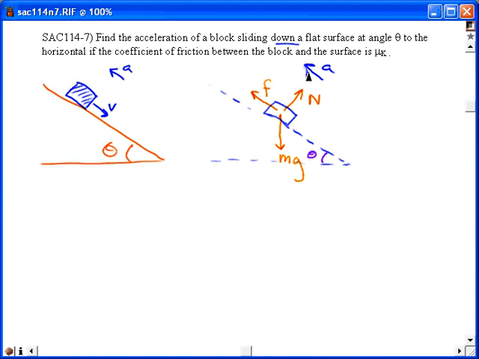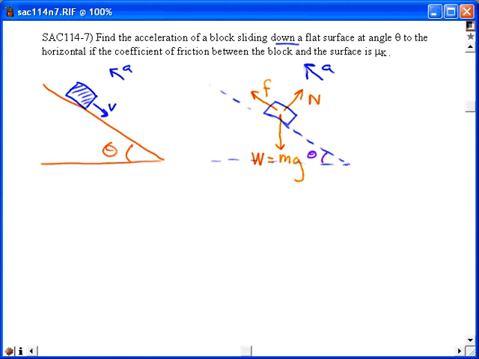Alright, for applying Newton's laws, we're in a little bit of a pickle here because we got force and acceleration up the ramp direction, one perpendicular, but then we got this rogue force, I'll call it, the weight, which is acting in neither the up the ramp direction nor the perpendicular to the ramp direction.